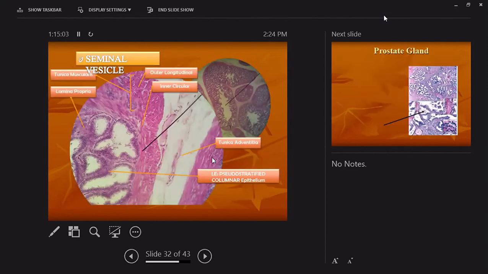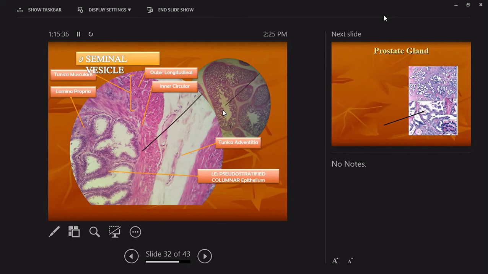Okay, again, the seminal vesicle. You see there, you have your lining epithelium, pseudostratified columnar epithelium, and then you will have your inner circular and your outer longitudinal, and there you are, your tunica muscularis.